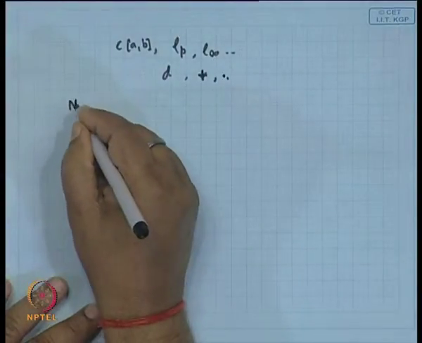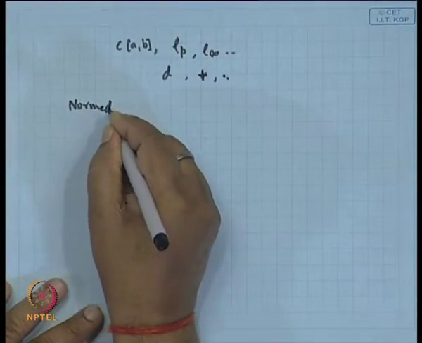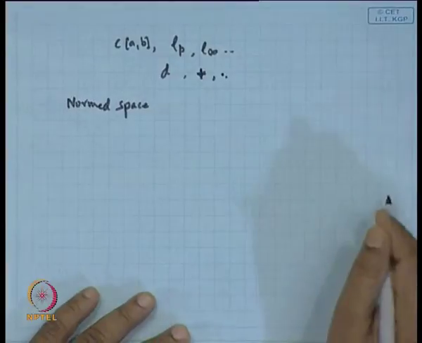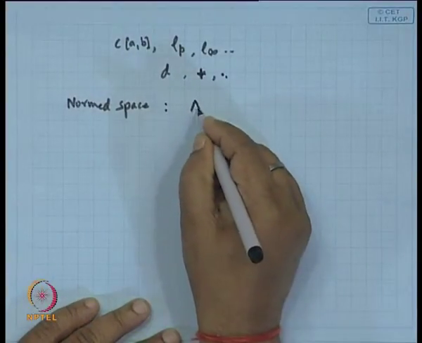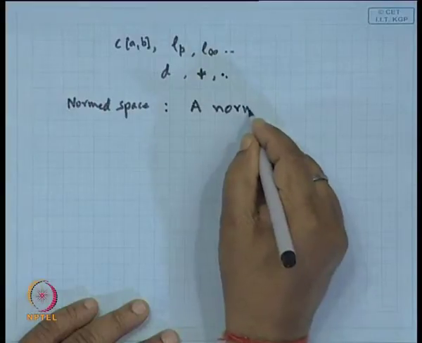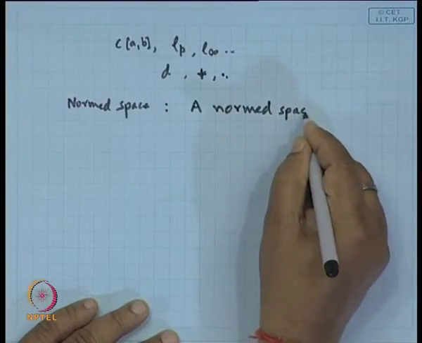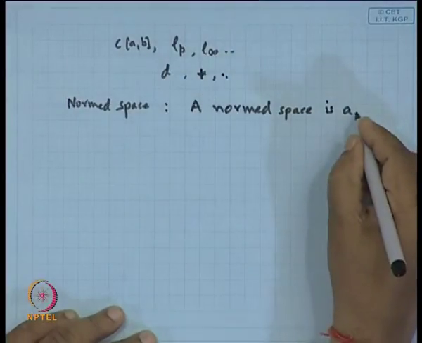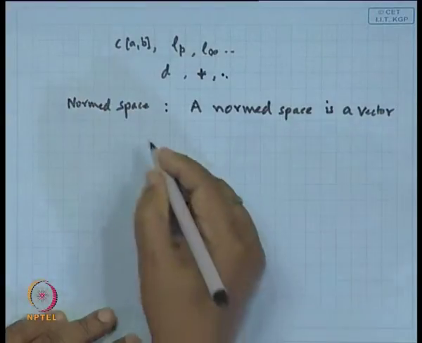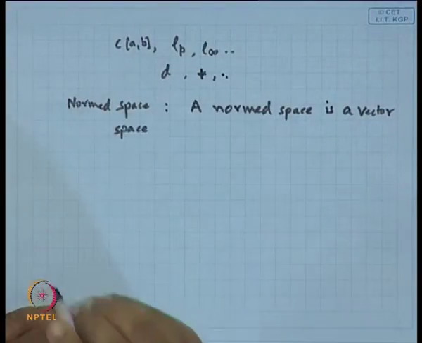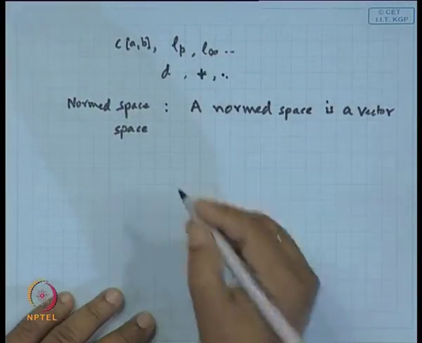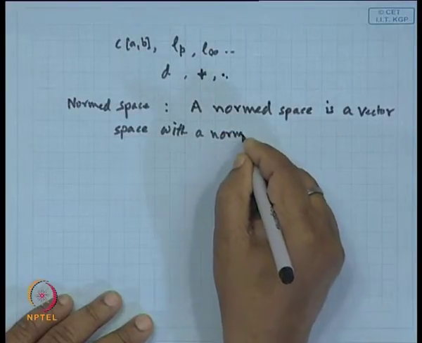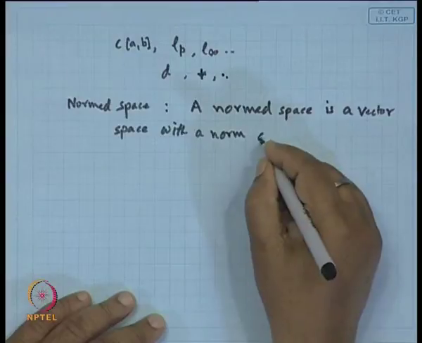We define the normed space. A normed space is a vector space with a norm defined on it.